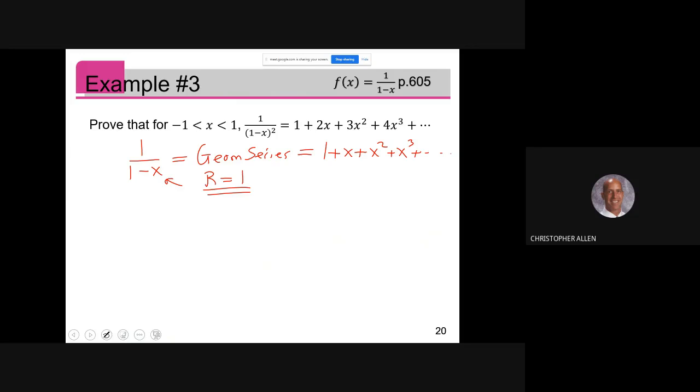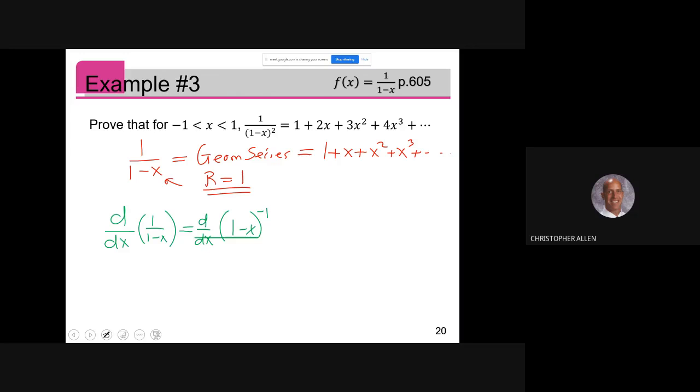But here's the interesting observation. What is the derivative of 1 over 1 minus x? Let's look at it, okay? So we could use the quotient rule if we wanted to, right? Or we could do our power rule.